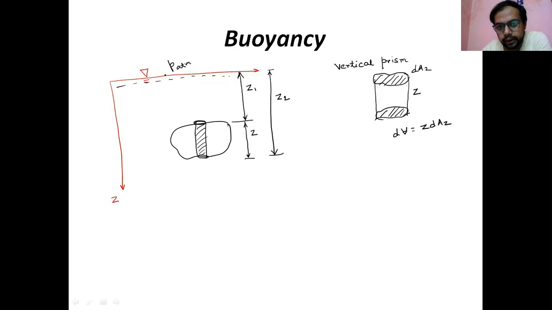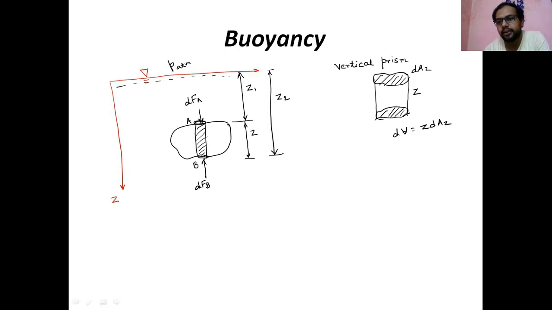If you go down in depth from the free surface, pressure will rise. So at A and B, or 1 and 2, the force due to the pressure at A is dFA, and that is downwards. And here the force due to the pressure is dFP.